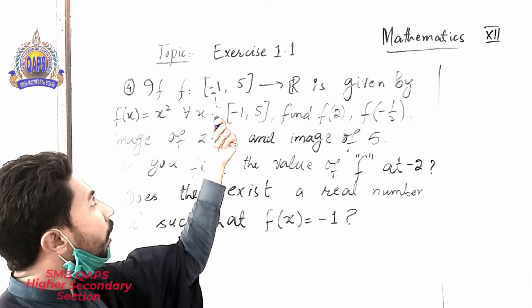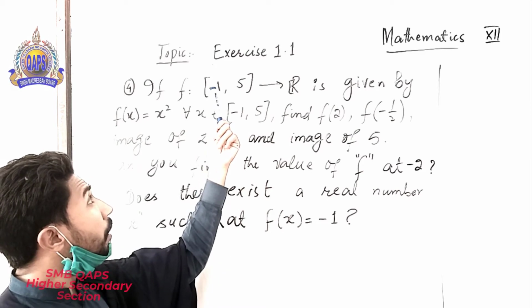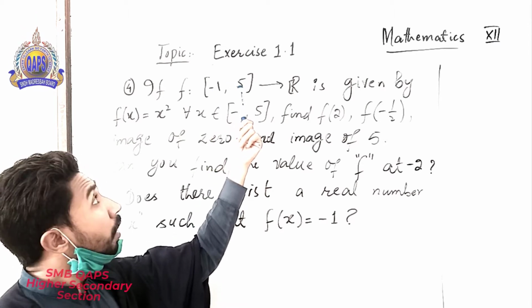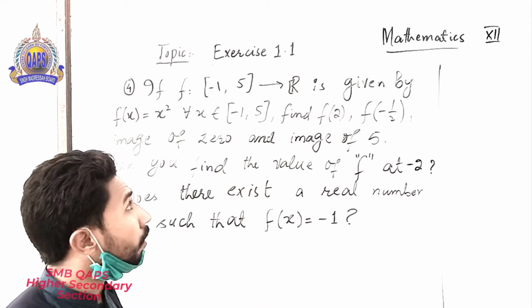So here the limit points of the closed interval start from -1 and end at 5, and in between infinite numbers are defined.